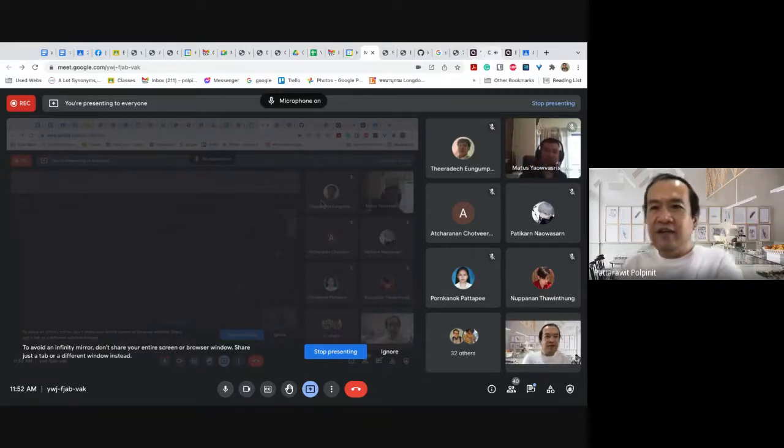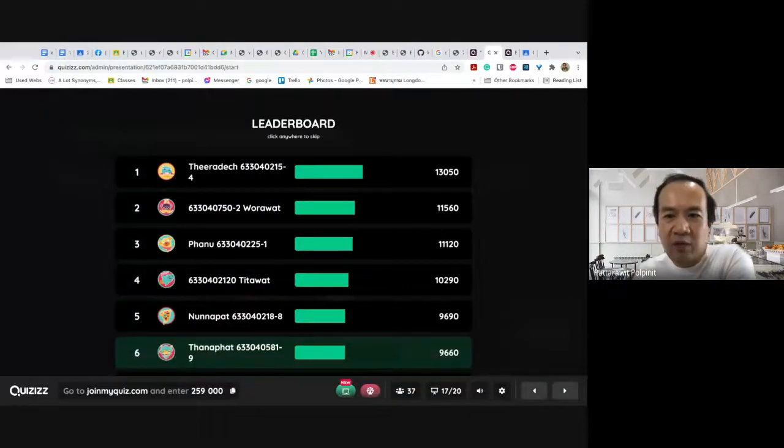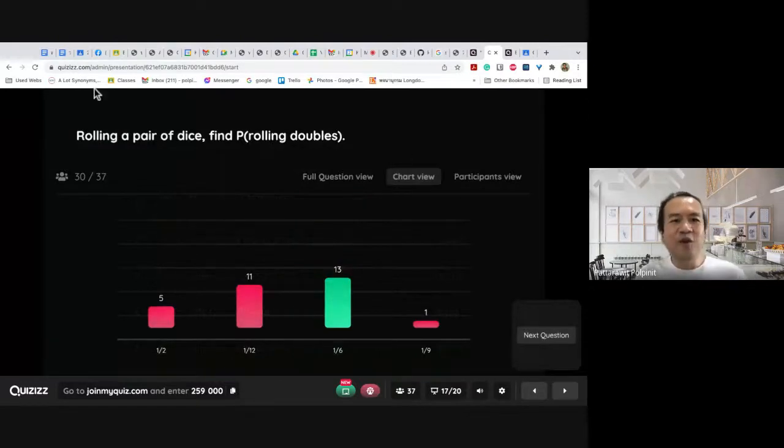Now this one: roll a pair of dice. Find the probability of rolling doubles. Rolling doubles means you roll two dice and get the same number on the first die and the second die. First, you have to find all the possible outcomes.